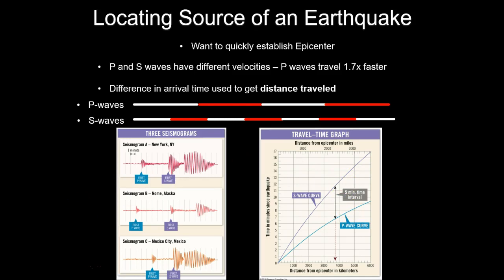And lastly, if we did the same thing with the Mexico City seismogram, we see that the difference between the arrival of the P wave and the S wave is about 4 minutes or so, which signifies that the epicenter lies about 2,900 kilometers from Mexico City. So a difference in interval between P and S wave of about 4 minutes lies about here, which if we look on the x-axis will be 2,900 kilometers from the observation point.